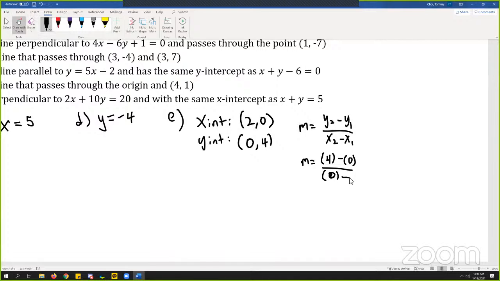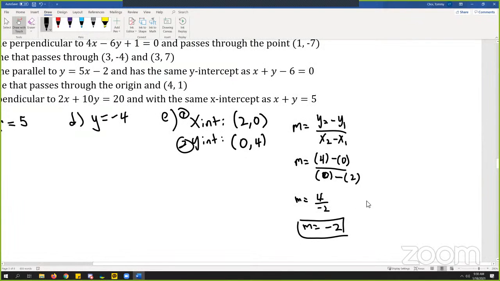If you wanted to figure out what this actually was, remember, if this is point 1 and this is point 2, we can figure out our x and y's for those points. Plugging it in and solving it, we get 4 over negative 2, which means the slope is negative 2. There's our first one there.